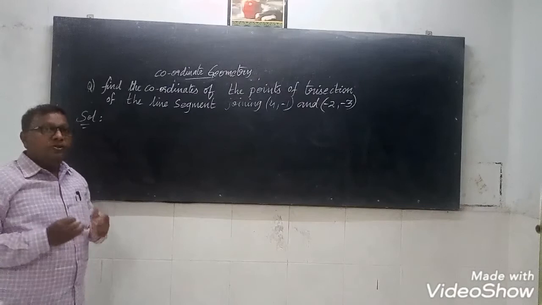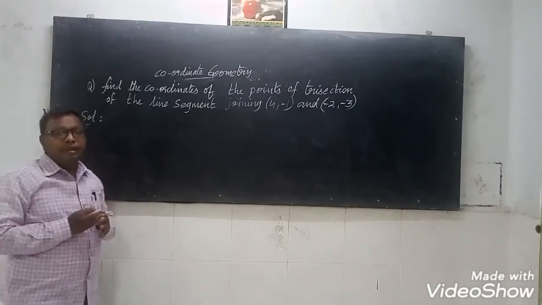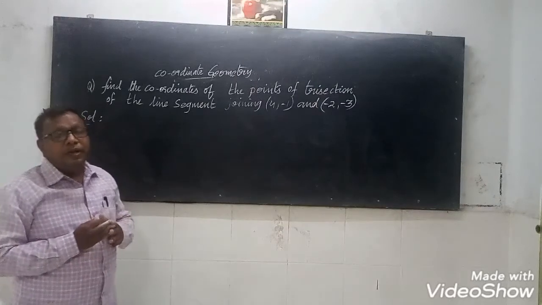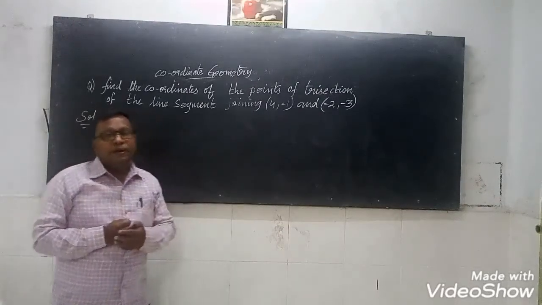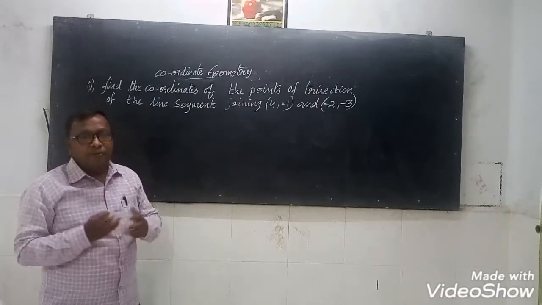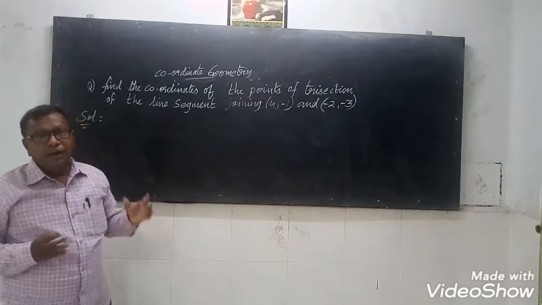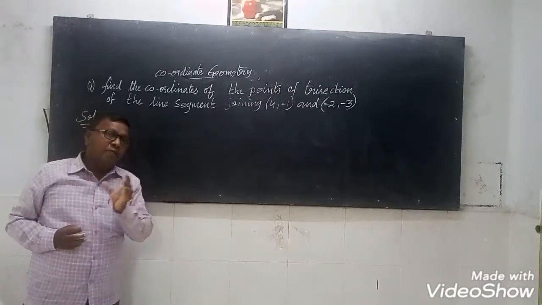Here, points of trisection means the points which divide the line segment into 3 equal parts. Once again I am repeating, what is a point of trisection? A point of trisection is a point which divides a given line segment into 3 equal parts.